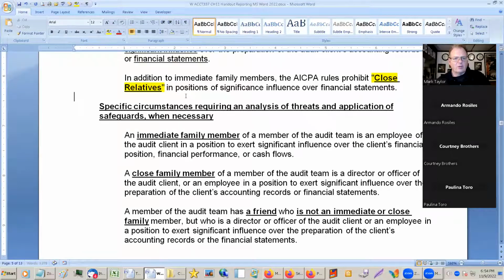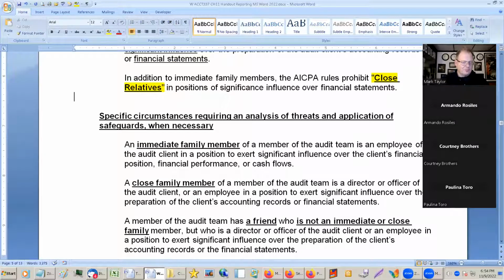And close relatives would be somebody like siblings, parents, non-dependent children. Those are all prohibited by the AICPA.